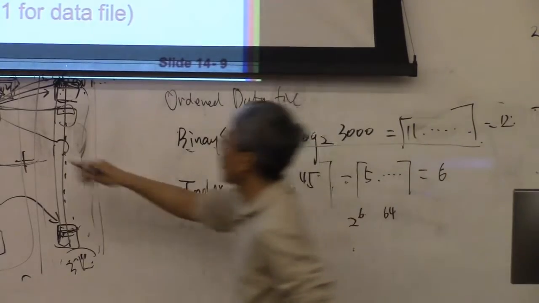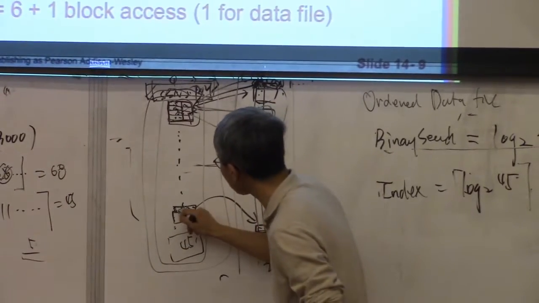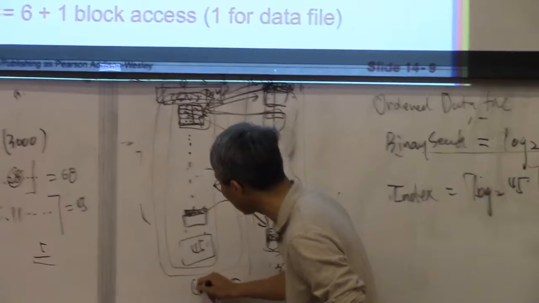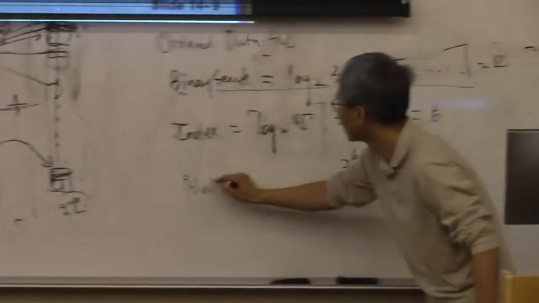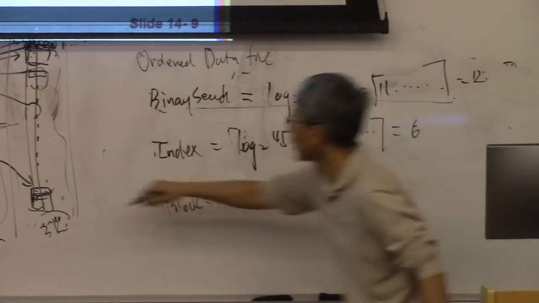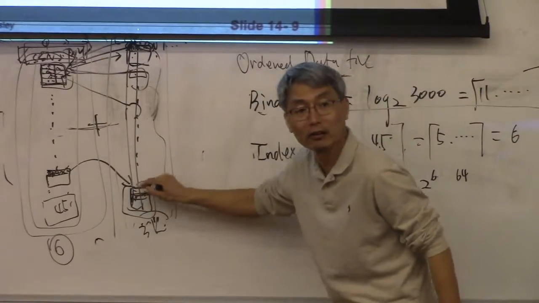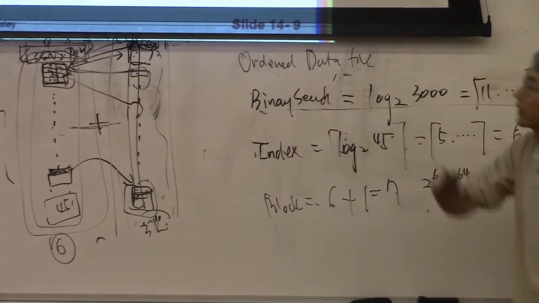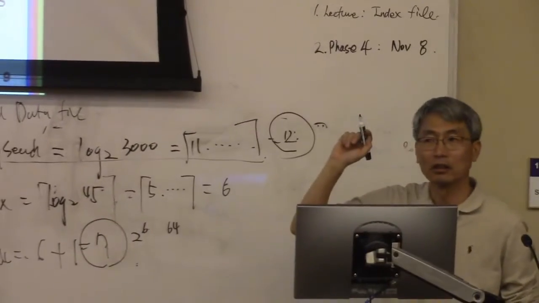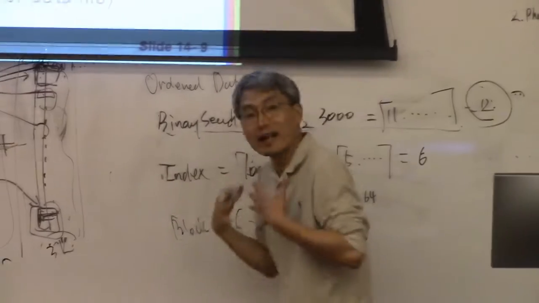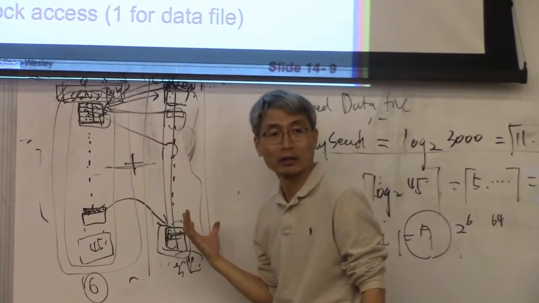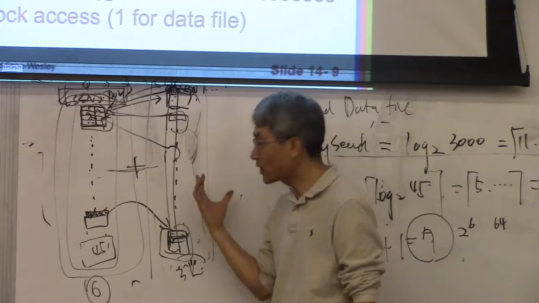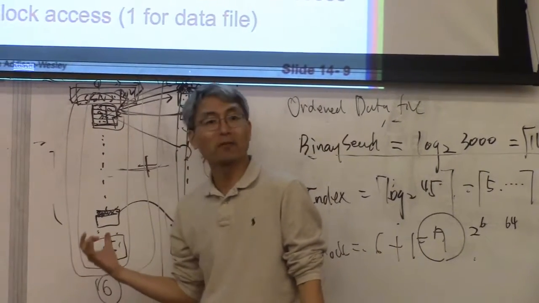So on average, to search for a specific index key item, it takes 6 blocks. Then we access the data file, so 6 plus 1 is 7. Which one is faster? 7 and 12. 7 is faster, it's less I/O. Even though the data file is an ordered file and we can use binary search, indexing is still faster.